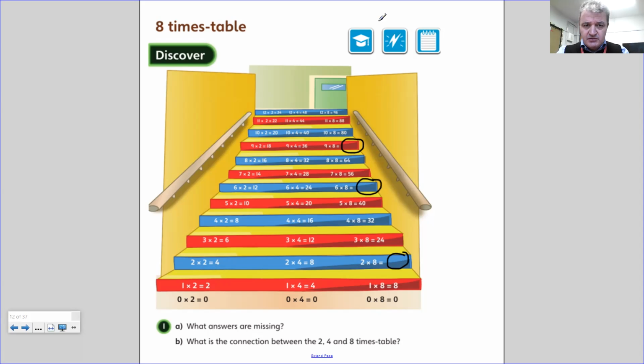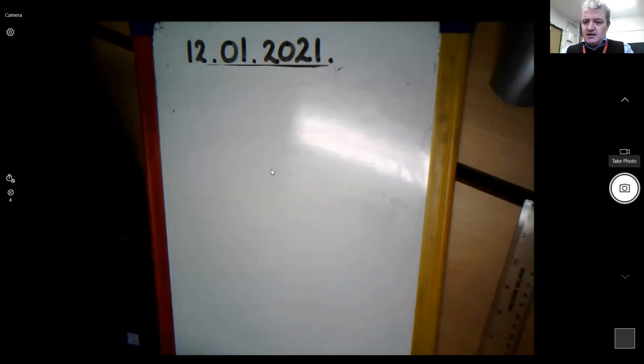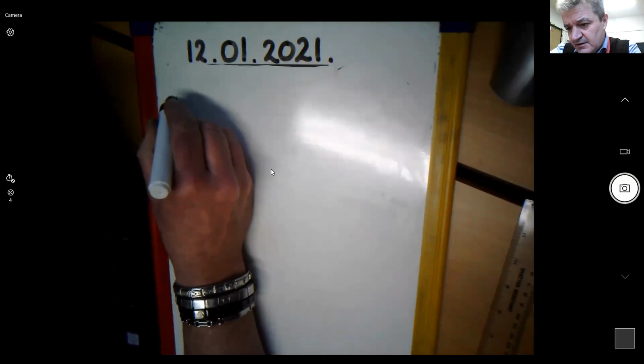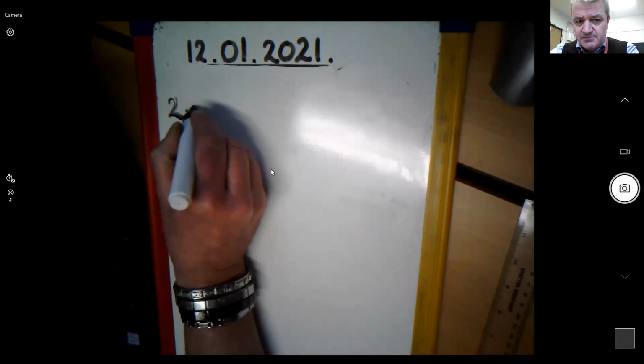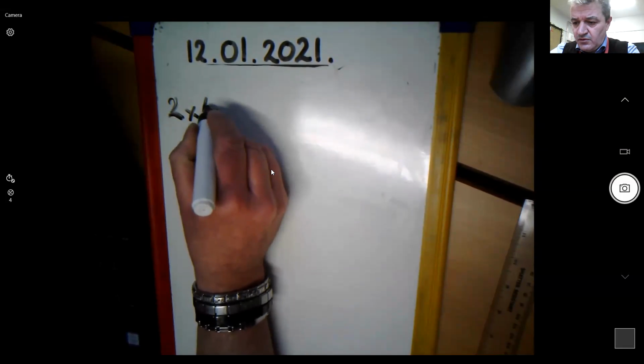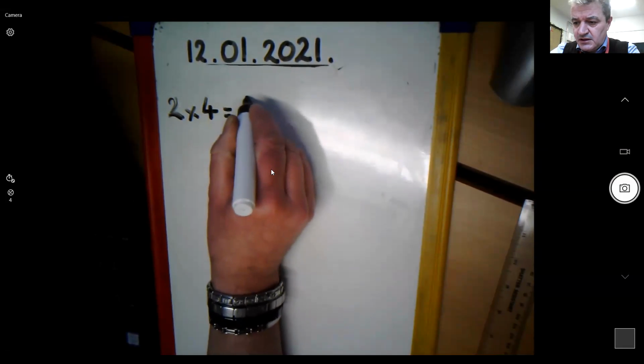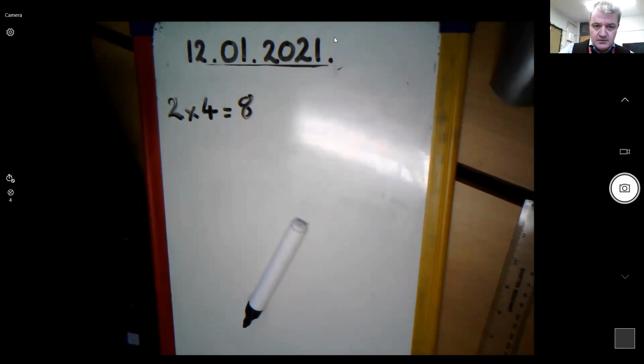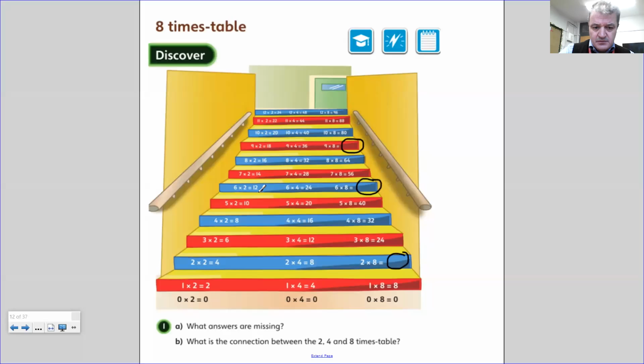Remembering, we've got 2 times 8. If I didn't know the answer to 2 times 8, is there a method I could use to help us try and solve it? Okay, so we knew from our display that 2 times 4 equals 8. Is that correct? Yes.